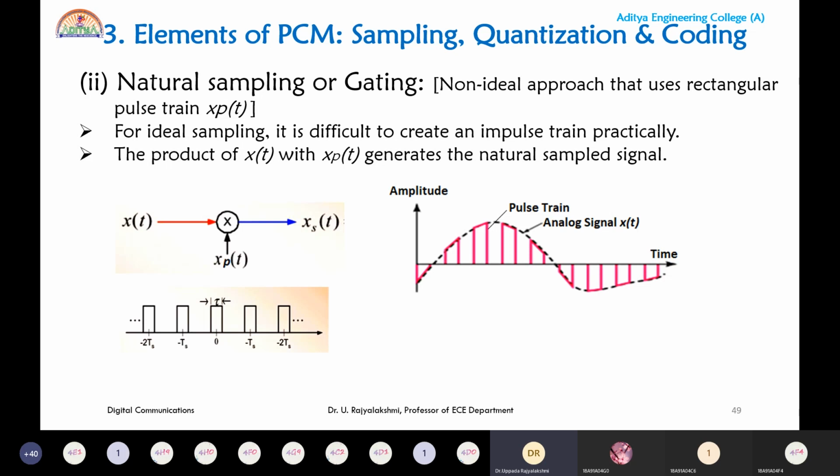That's why it is called natural sampling. Its tops are not at all flat. The amplitude of the pulses is natural, and it continuously varies with respect to the analog signal. So that's why it is called natural sampling.